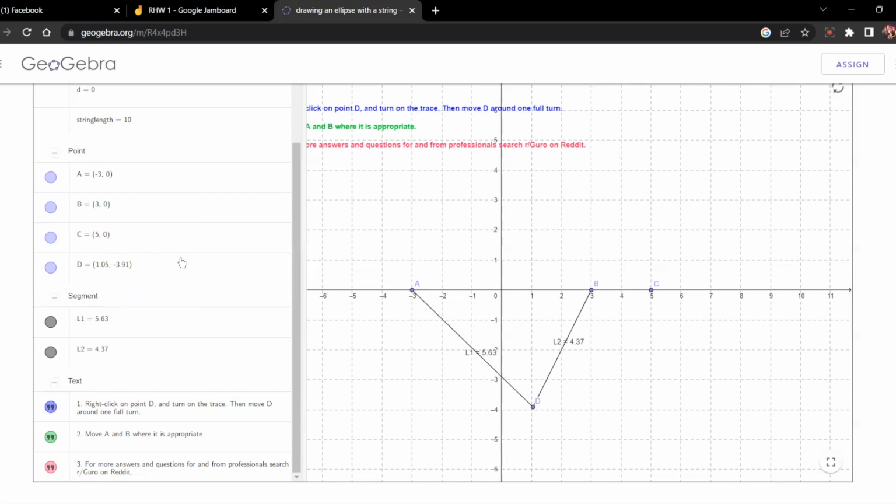So, yung length ng string mo, no, is 2A. Tama?